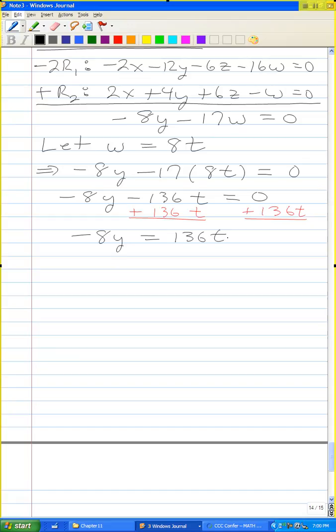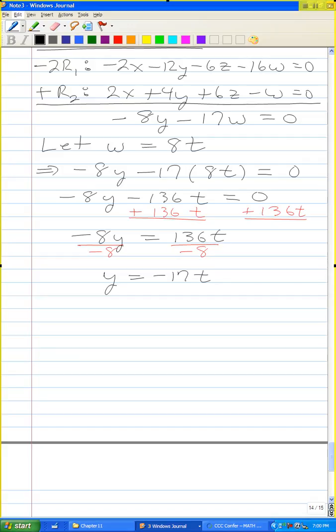Divide both sides by negative 8. And so y is going to equal negative 17t.